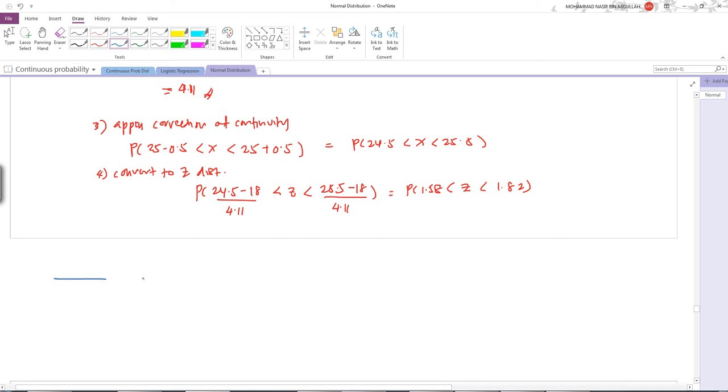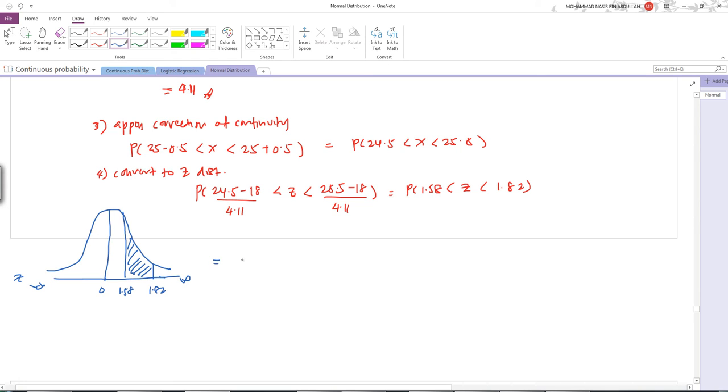The area that we want to find, always draw a standard normal distribution curve to understand where the area is. So 1.58 and 1.82 are on the right-hand side, right? This is from negative infinity to infinity. This is the Z axis.